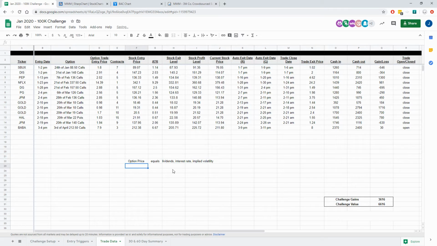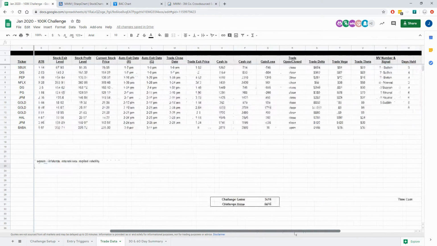They call it implied because it can't be measured specifically. So what they do is they take the option price and they subtract out the dividends, the interest rate, the stock price, and the time, and that gives the implied volatility number. Now, as the implied volatility rises and falls, it affects the option in the position.